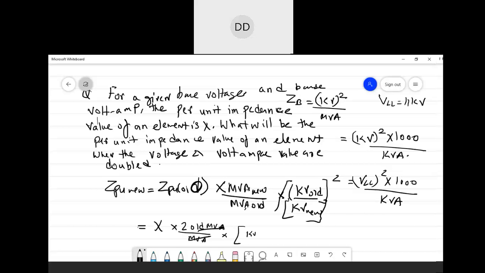Here also you have kV old, and the new value will be 2 times kV old. So these cancel, and finally you have X into 2 into (1 by 2) whole square. So this is X into 2 by 4, which is 0.5X.